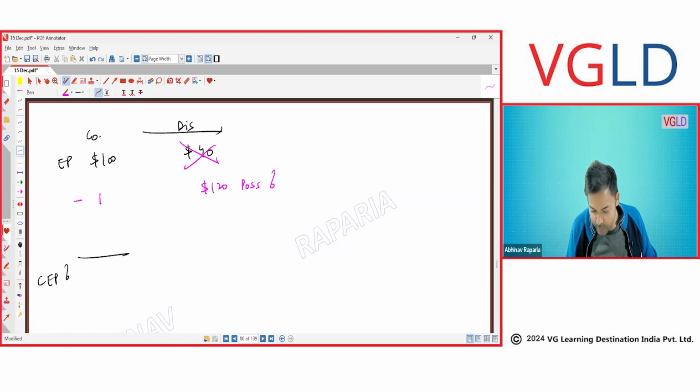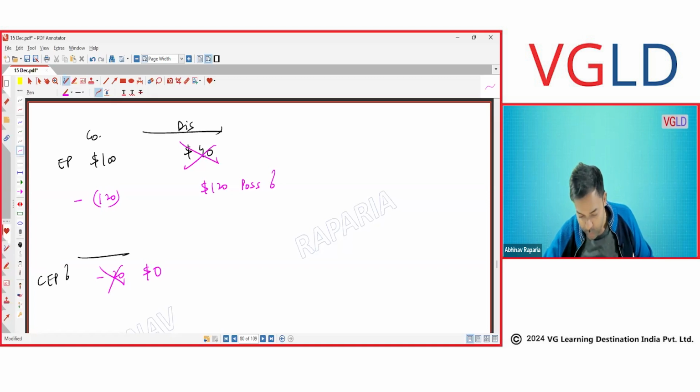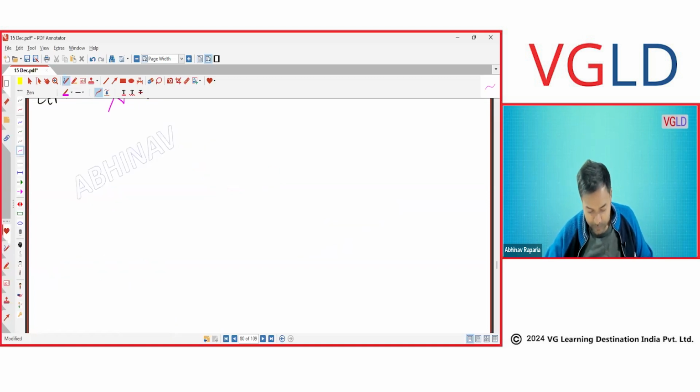It's minus 120. So should it not be minus 120? No, it is going to be zero, everyone. I'm writing a note here.